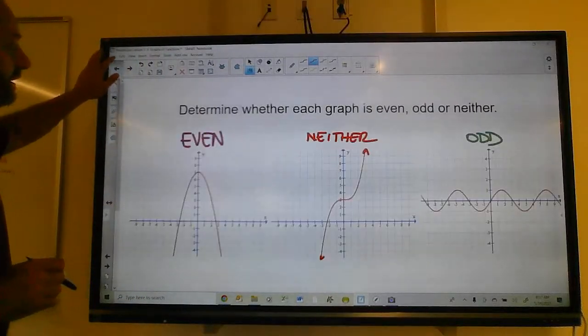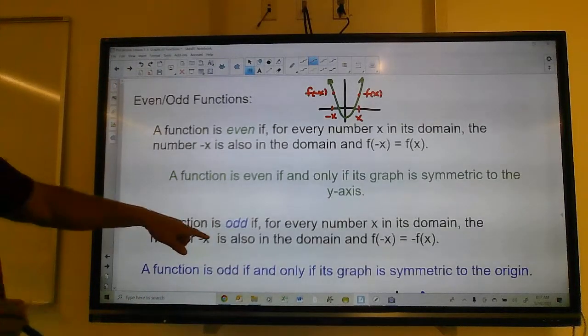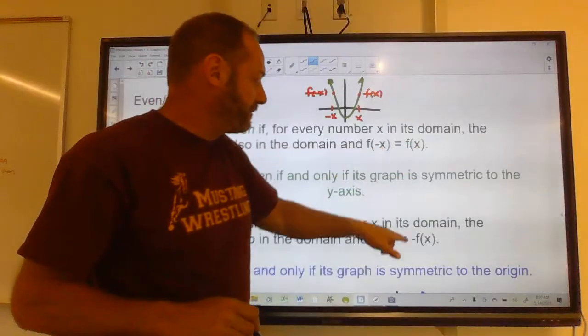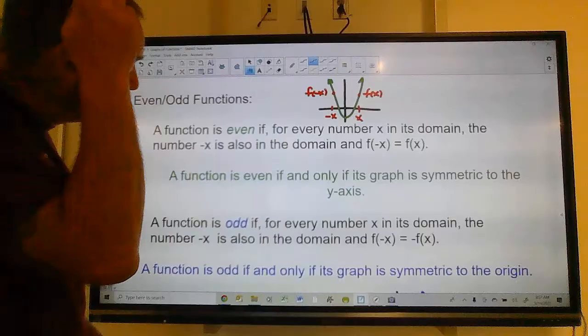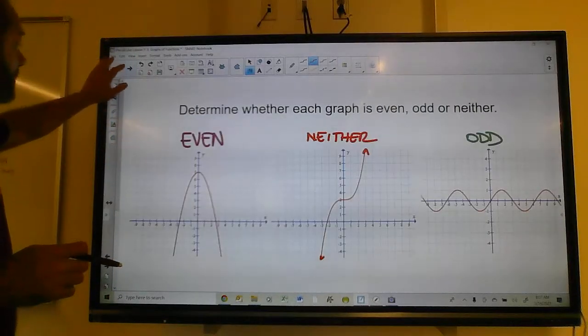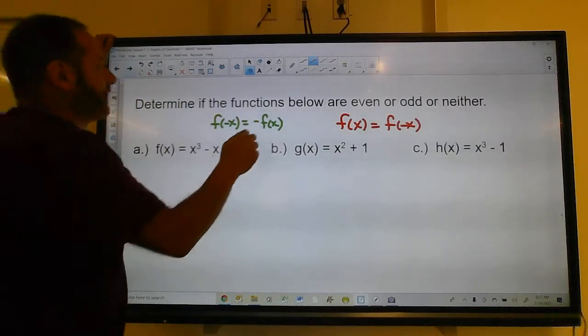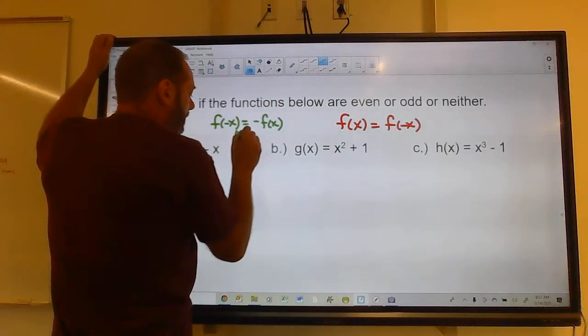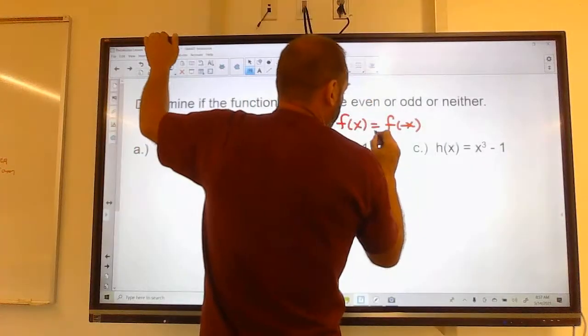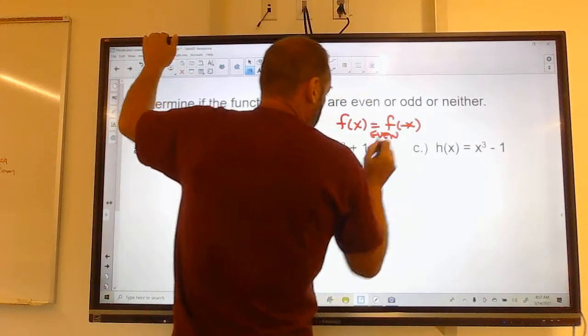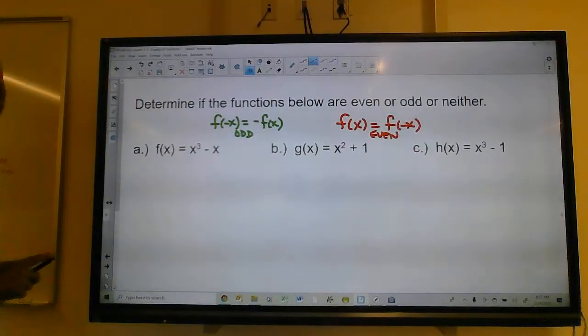Those are my two rules from right here. f of negative x equals f of x. f of negative x equals negative f of x. So, this rule will tell me this would be an odd function right here, and this would be an even function right here.